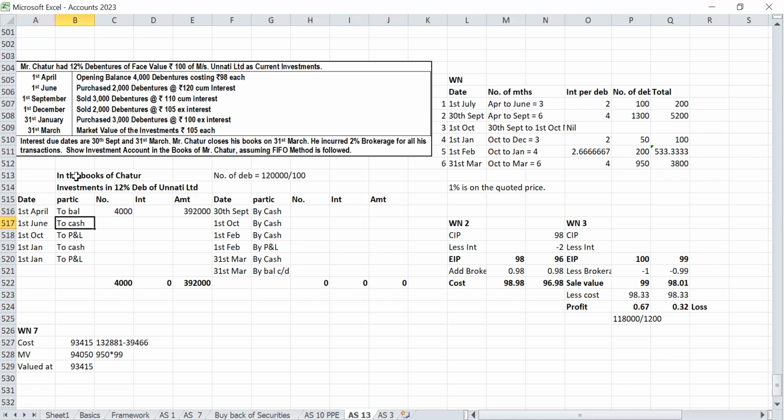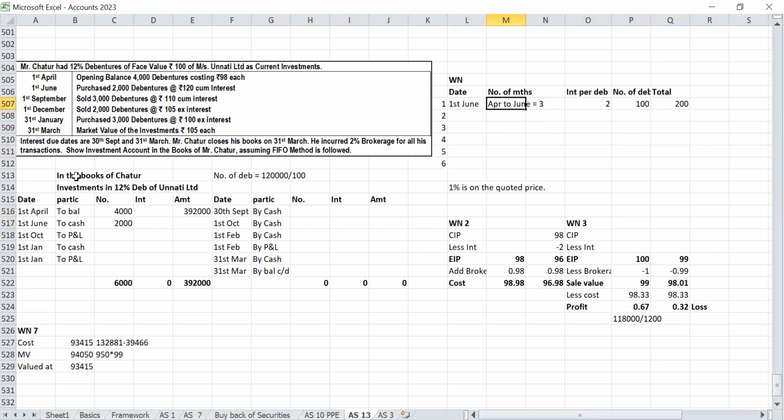Then on 1st June purchase 2,000 debentures at rupees 120 cum interest. Working notes: April to May, 2 months.